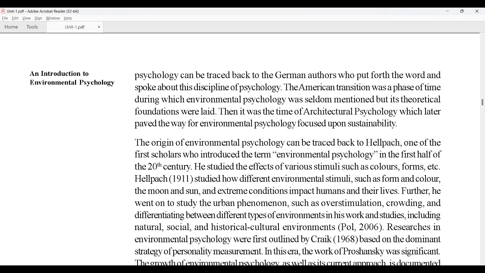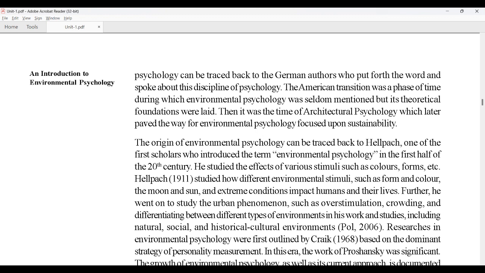Further, he went on to study the urban phenomenon, such as overstimulation, crowding, and differentiating between different types of environments in his work and studies, including natural, social, and historical cultural environments.